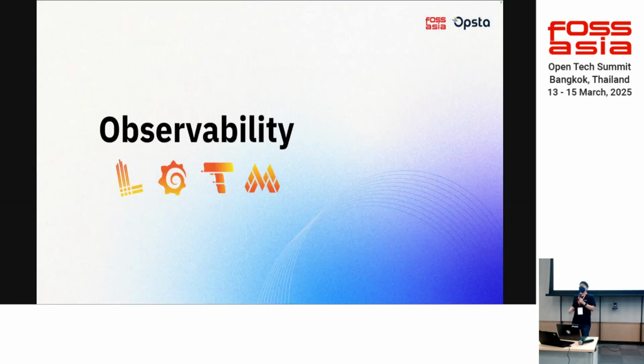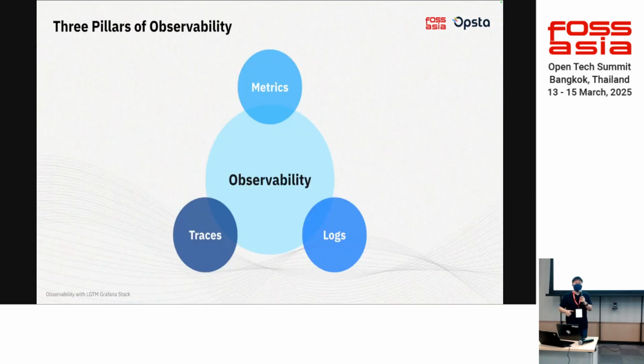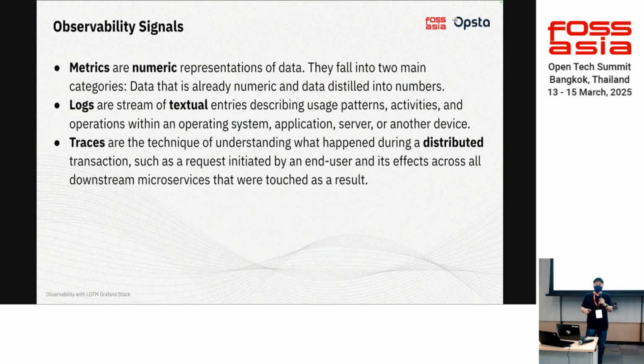Observability is a new way of doing monitoring by combining the three pillars of data that you need to monitor: metrics, logs, and traces. Metrics are numeric, the graphs that you see every day. Logs are text, the text from your application or your system.